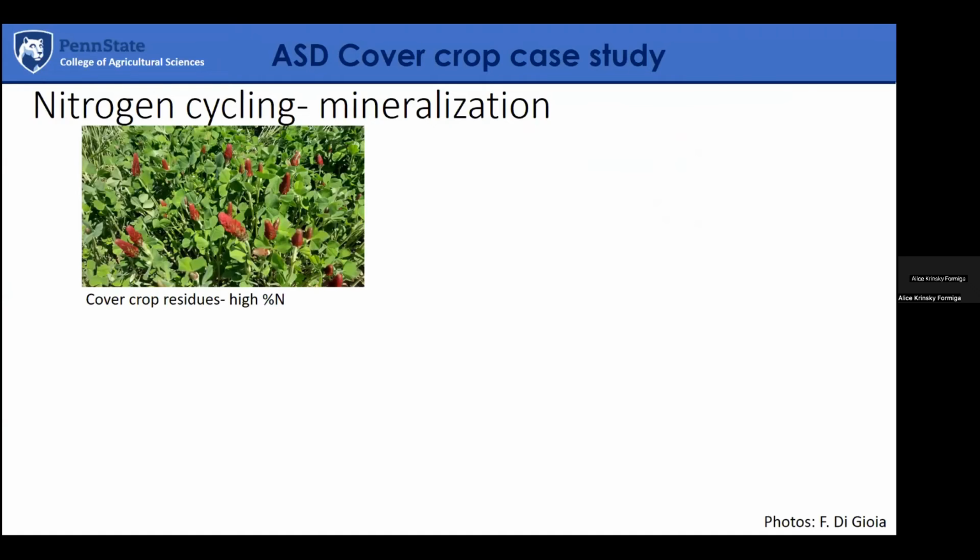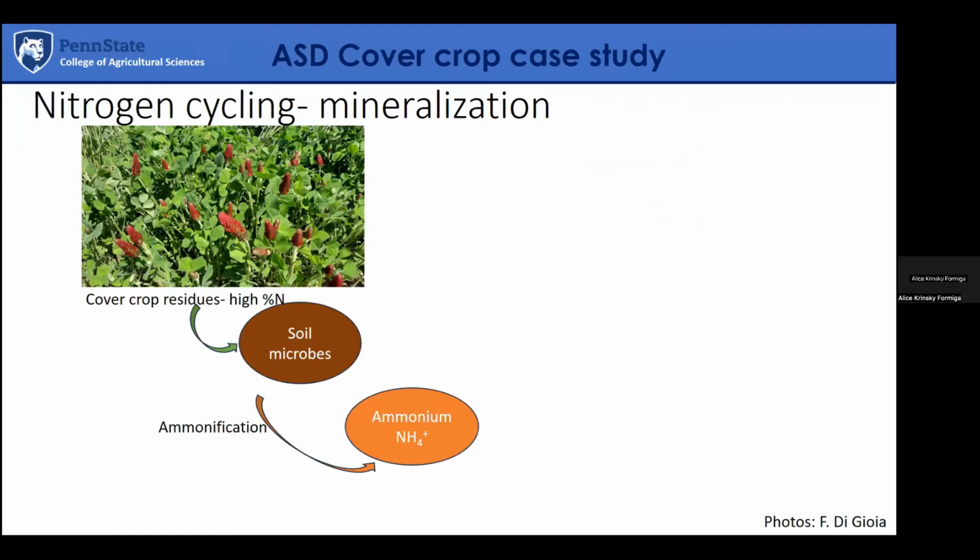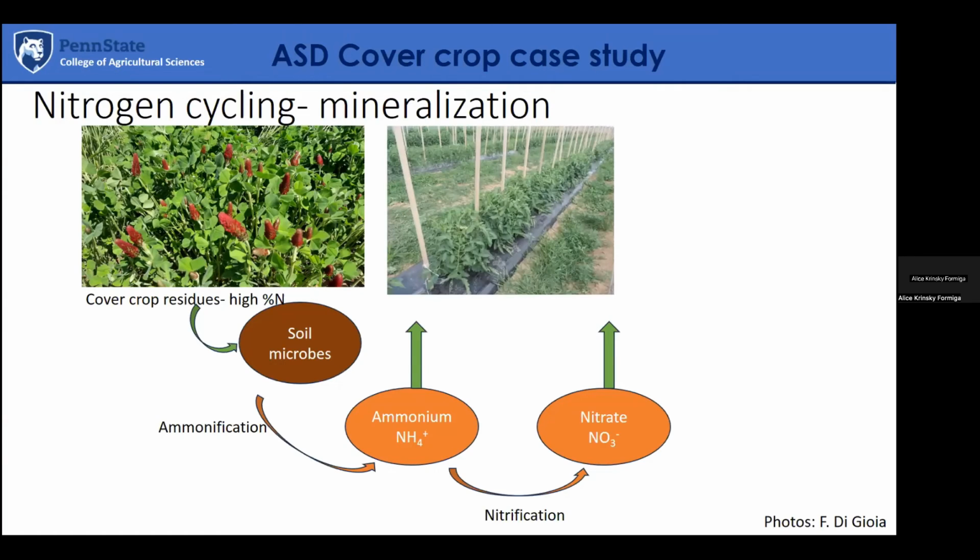So for example, these crimson clover residues with the high percent nitrogen, as they start to decompose by the soil microbes, they tend to have enough nitrogen in the cover crop residues themselves that they end up releasing nitrogen into the soil in the form of ammonium and nitrate, which can be taken up by plants. The nitrate is also vulnerable to potential losses to the atmosphere or below the root zone through leaching.